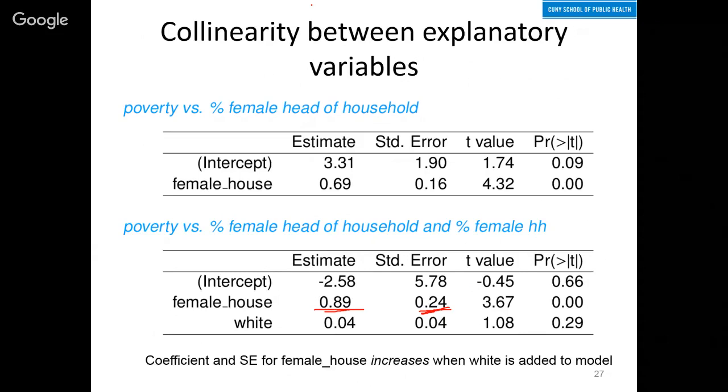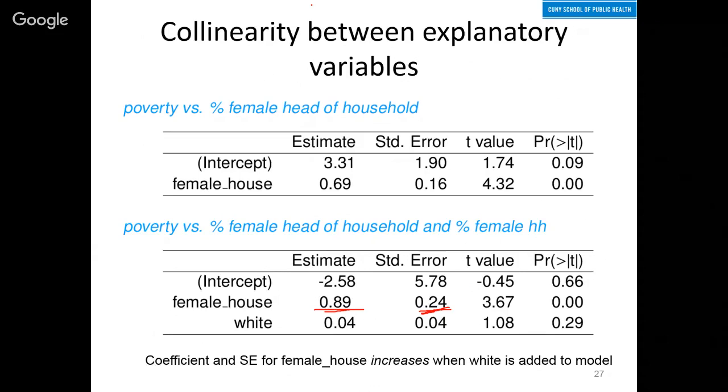And that increase in standard error you can think of as telling you that you can no longer estimate either of these coefficients very well because they're so correlated to each other. If female householders and percentage of whites are highly correlated, then you can't really say what the contribution of one is while holding the other one constant.